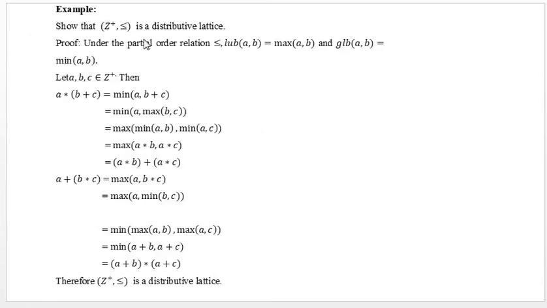So show that the set of positive integers under the relation less than or equal to is a distributive lattice.